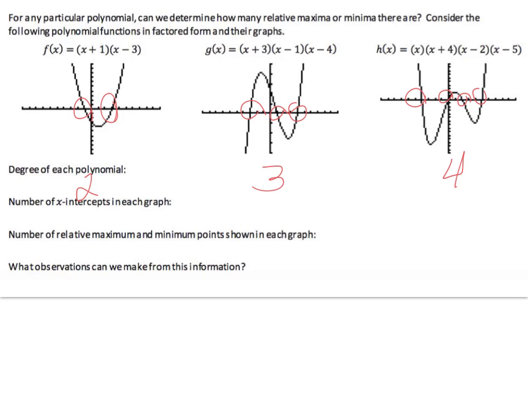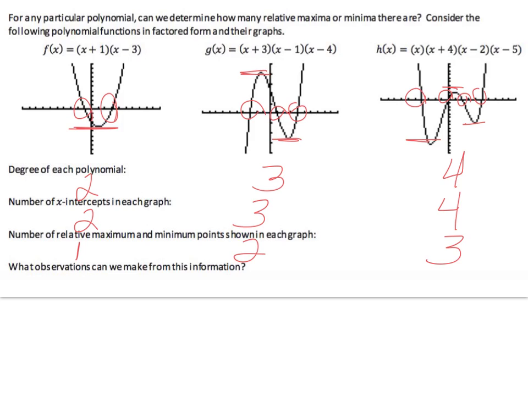Okay, number of x-intercepts, I have 2, 3, and 4. The number of relative maximum and minimum points in each graph, I have 1 minimum. I have a maximum and a minimum. I have minimum, maximum, minimum. Yeah?